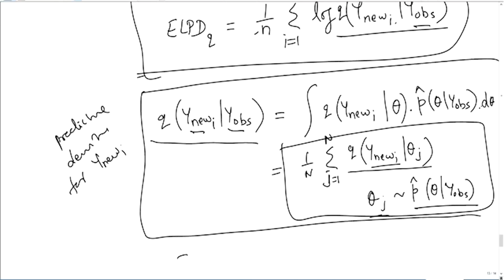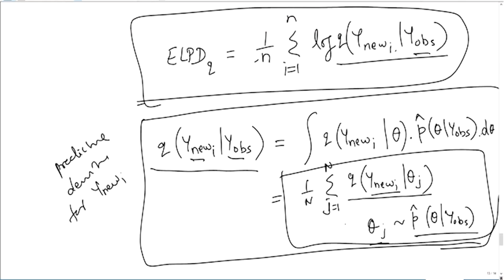So, this is the whole formula of ELPD, right. It looks complicated, but the only thing you need to do is this: let's go from bottom to top here. First, estimate the posterior distribution of theta given observed data y obs. Now, draw samples from this posterior distribution for theta, and conditional on each sample from the posterior you calculate the predictive density of observing a new data point y nu i.